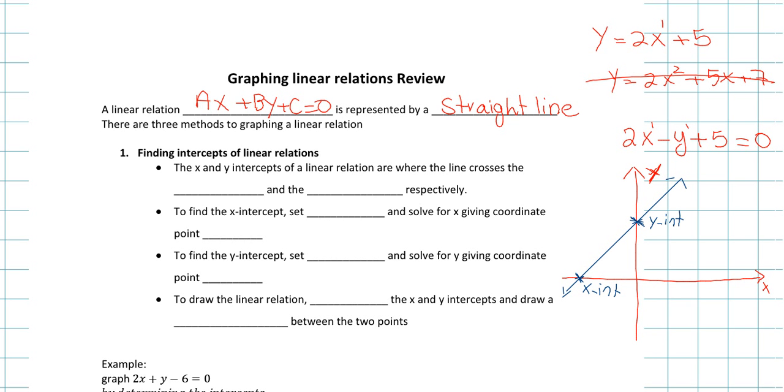So the x and y intercept of a linear relation are where the line crosses the x-axis and the y-axis respectively. So we call them the x-intercept and the y-intercept.